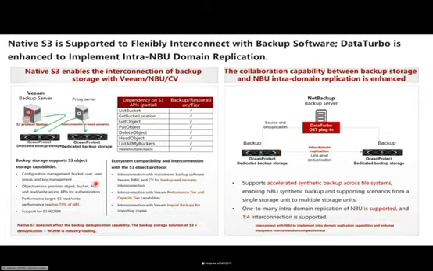So in this new version, we can support almost most of the S3-related APIs. Here we only list the partial APIs, but most scenarios we already support for the S3 integration with Veeam.